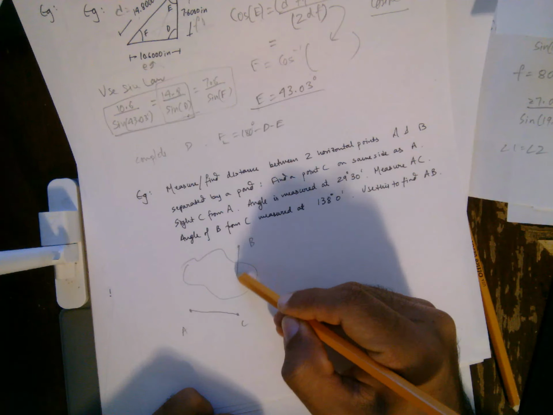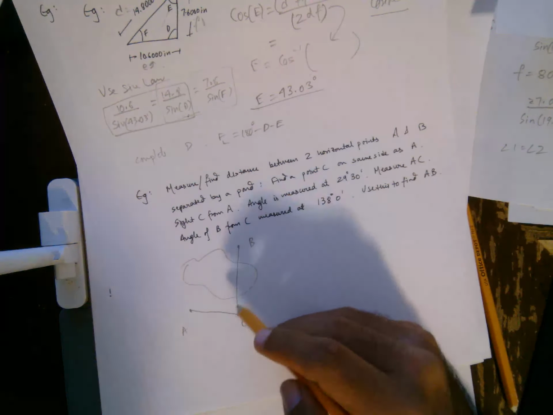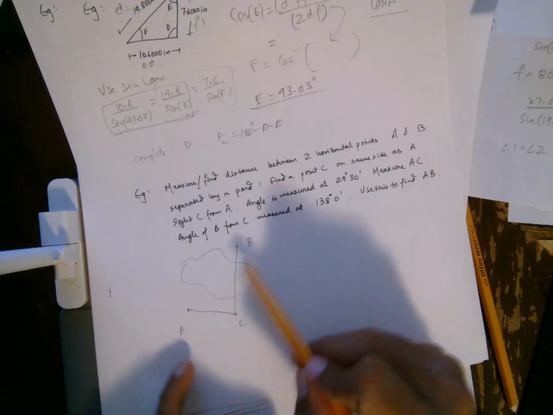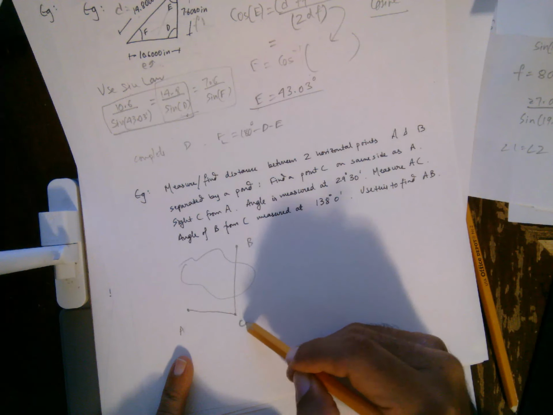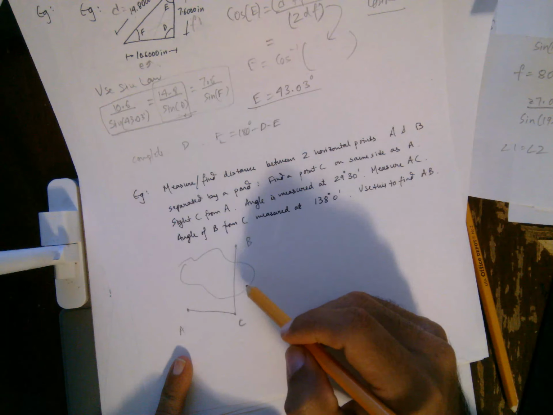and when you are surveying, you have instruments which help you measure angles. So make sure you find this point C from where you can see both A and B, and that's important.